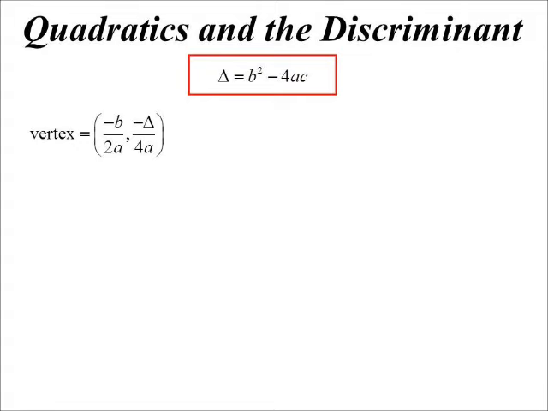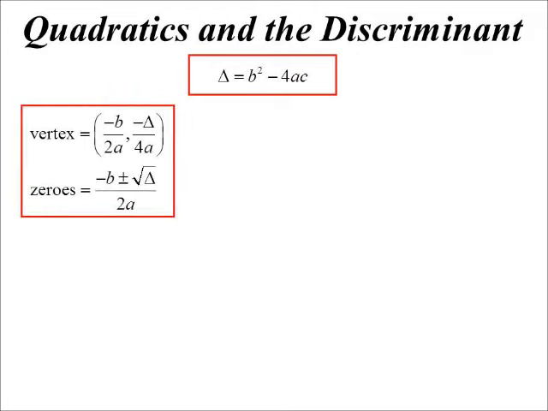I just want to know the y value. So I can say, I know the maximum or the minimum will always be minus the discriminant on 4a. The solutions, of course, is the quadratic formula, minus b plus or minus the square root of the discriminant over 2a.